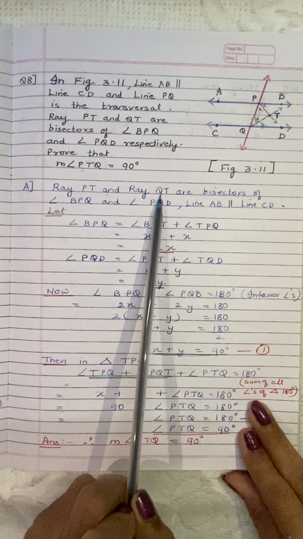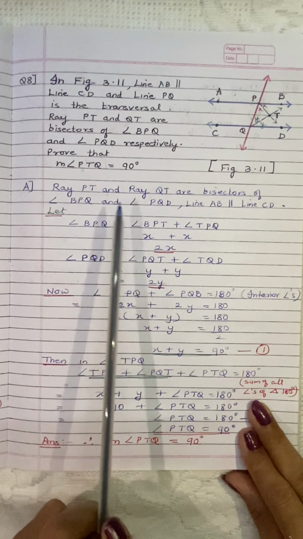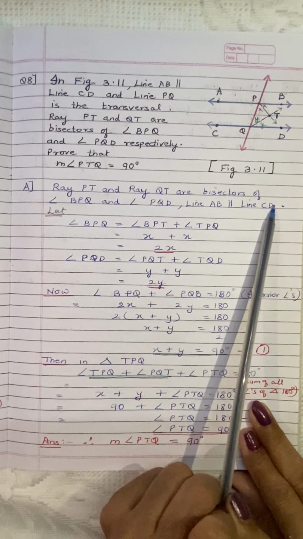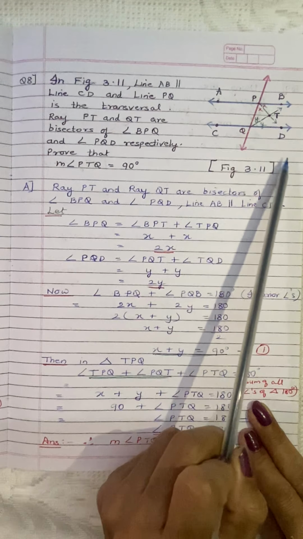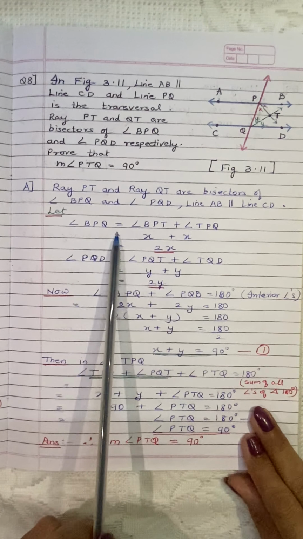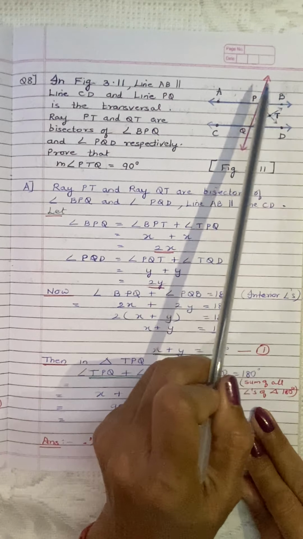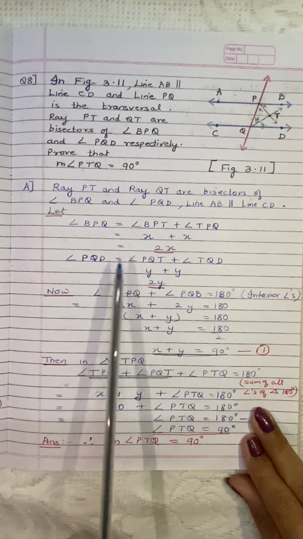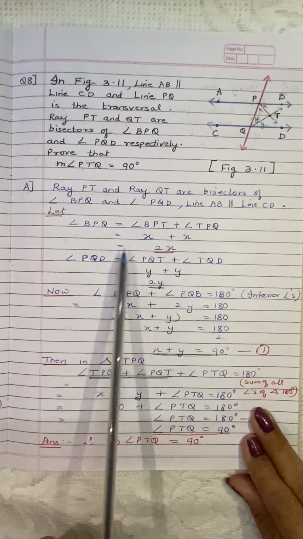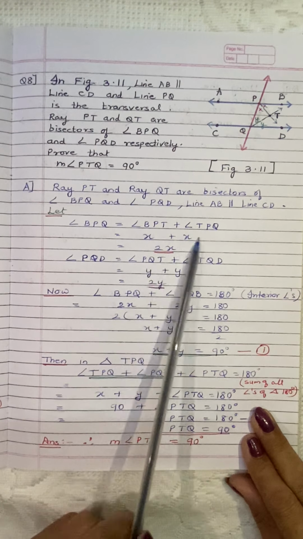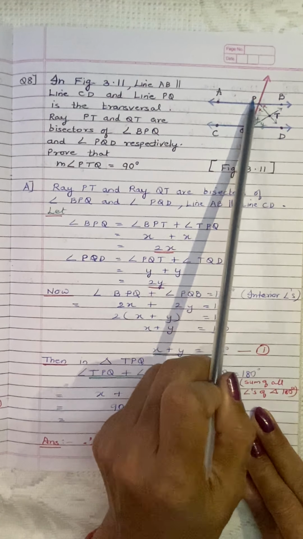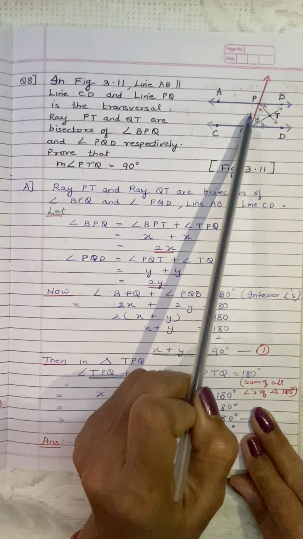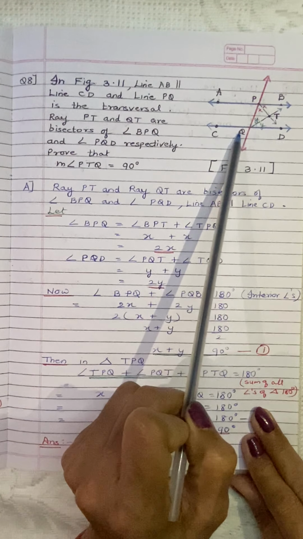Now ray PT and ray QT are the bisectors of angle BPQ and PQD. Line AB is parallel to CD. This is all that is given to us. Now let angle BPQ be x plus x, which gives us 2x, and angle PQD is y plus y, because these are the two angles BQT and TQD.